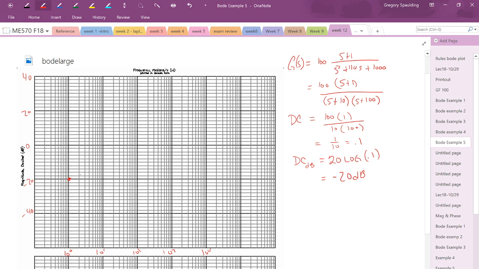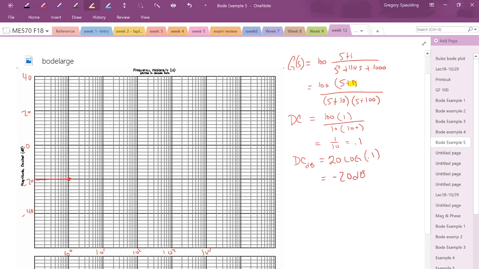Okay, our initial slope: we have no free s's, and so our initial slope is going to be horizontal. So we're going horizontal from negative infinity to our first pole or zero, which is at 1.